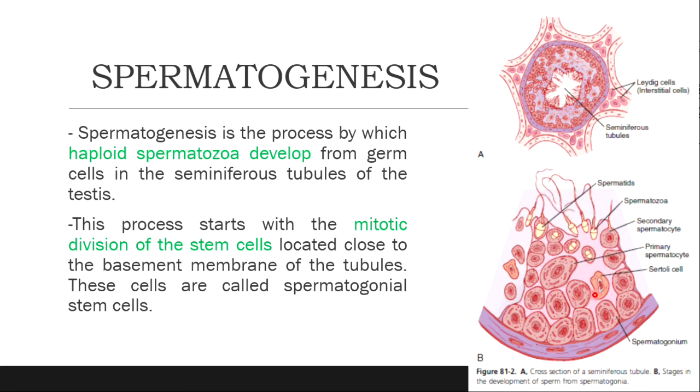So, anong nangyayari kasi dyan, yung spermatogonium nagiging primary spermatocyte through meiosis 1, then nagiging secondary spermatocyte through meiosis 2, and then kapag nag-develop na siya, it will form the spermatids and eventually spermatozoa kapag nag-form na siya ng head and tail, okay, by the process of spermatogenesis.